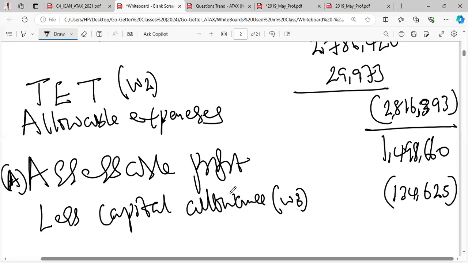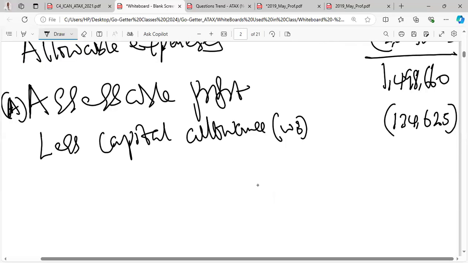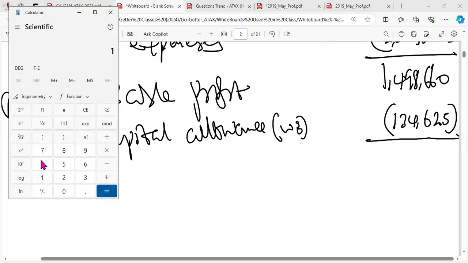Okay. So now, when you less your capital allowance from your assessable profit, let's less it. So this minus 1,498,660 gives me 1,511,085.